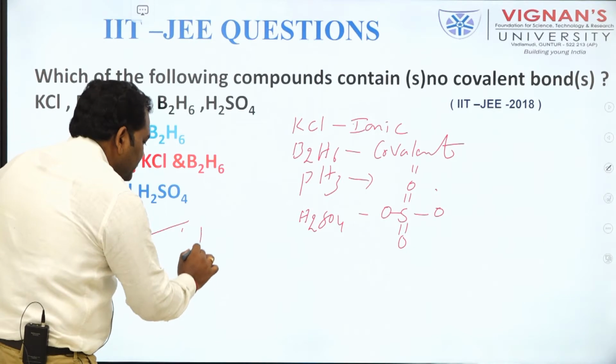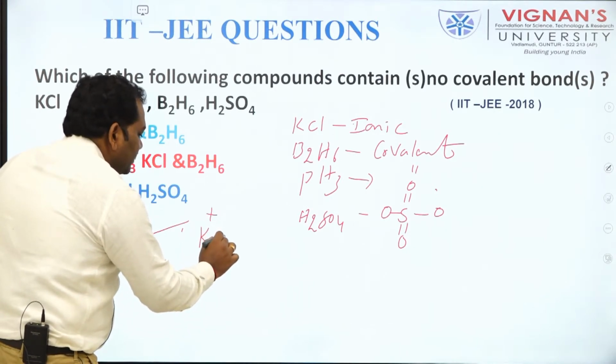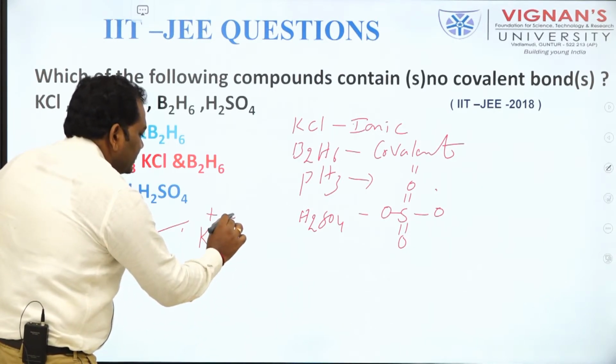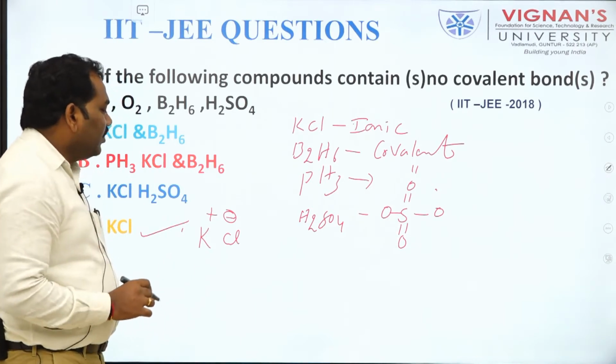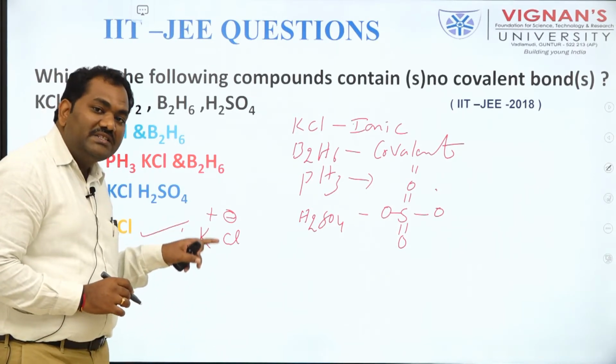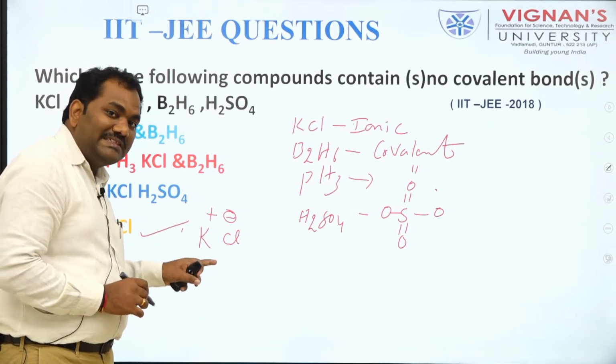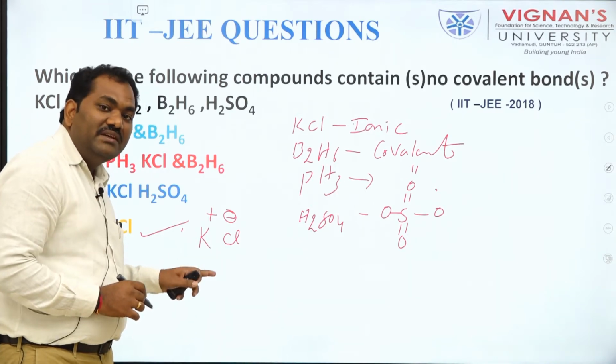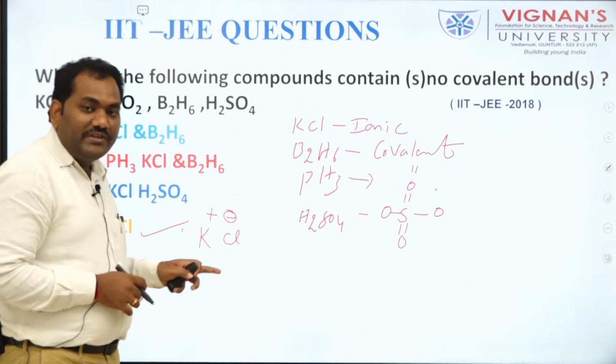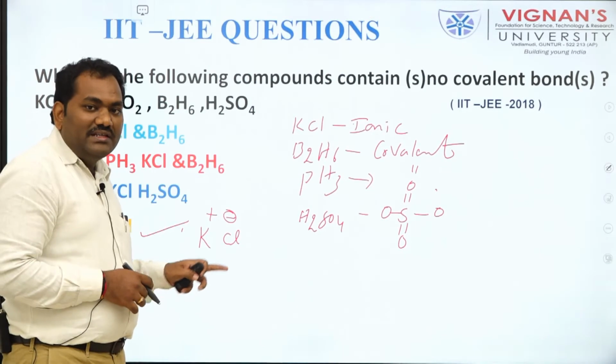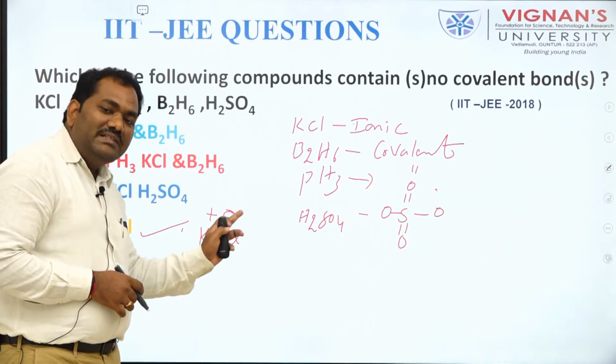In the case of KCl, K+ and Cl- are formed. Here the bond is formed by the transfer of an electron, because the electronegativity difference is very high, greater than 1.7.